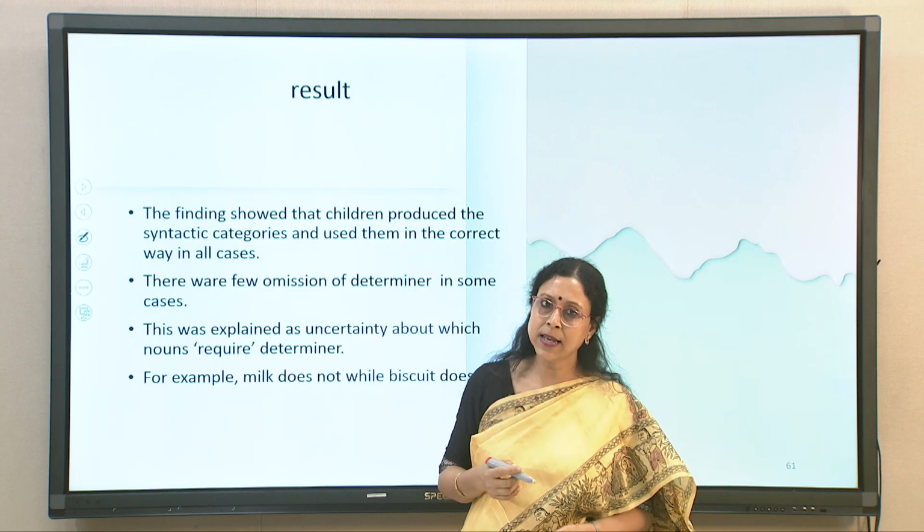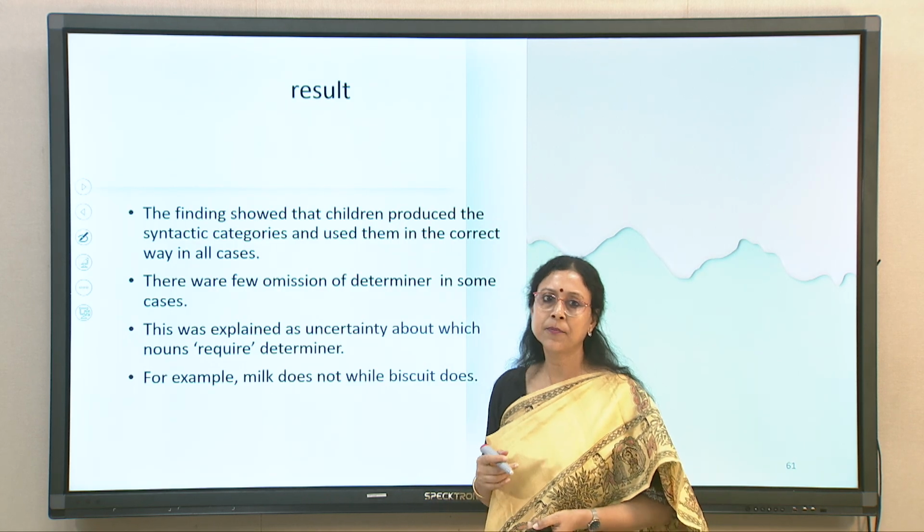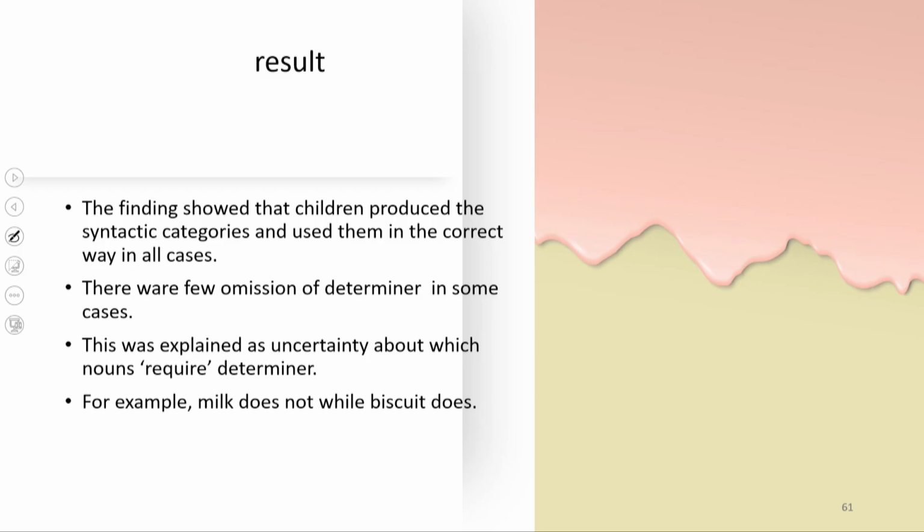So, what do the results say? The findings showed that children produce the syntactic categories and use them in the correct way in most cases, most of the times. There were few omissions of determiners in some cases; not all of them did not fail. This was explained as uncertainty about which nouns require a determiner. Now, in English there is a small problem there, not all nouns require one.